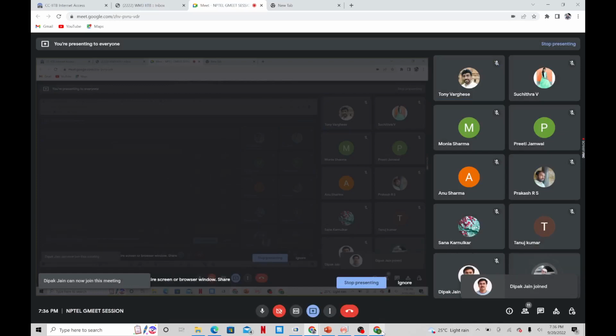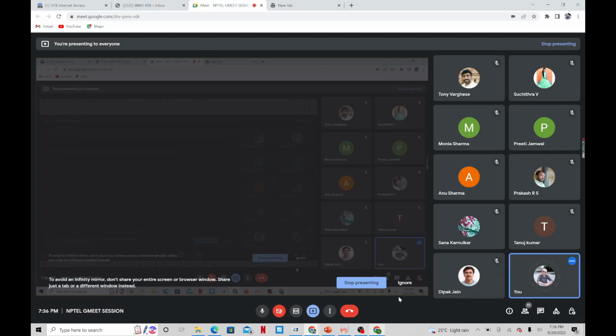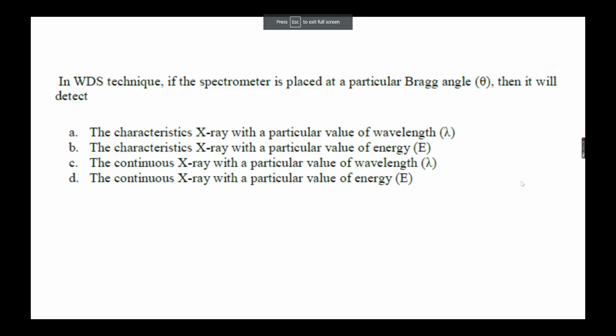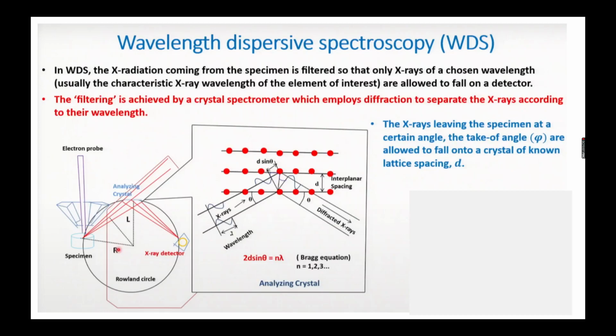Okay. Anybody else having a different answer? If you want to guess or give the answer. Okay, so somebody said the continuous X-ray with a particular value of wavelength.